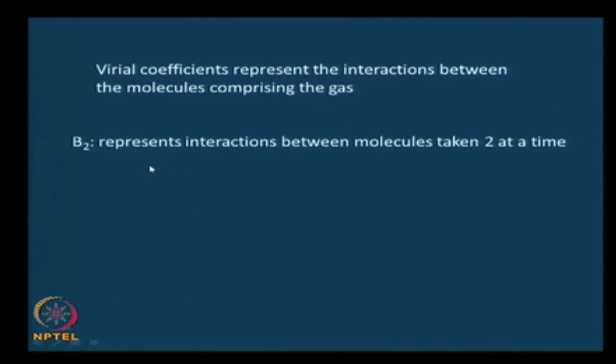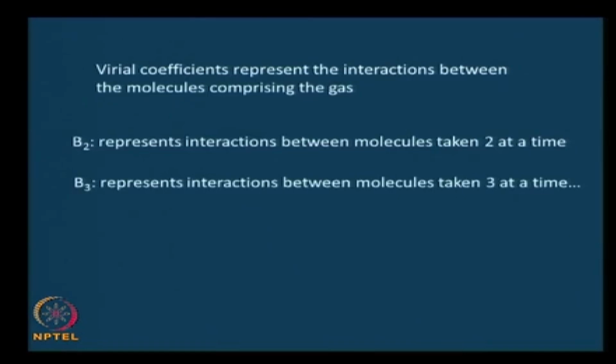For example, B2 represents the interactions between particles in a gas taken 2 at a time. B3 represents interactions between molecules taken 3 at a time and so on.